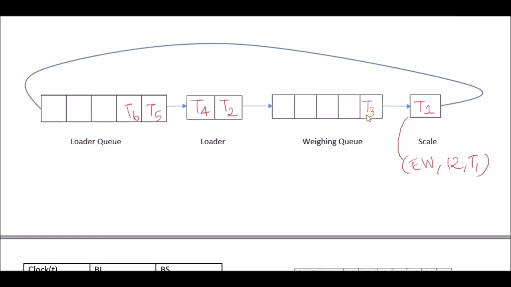We're not going to consider T3 because the time taken from here to here is considered negligible. Hence, this event is not taken into account. So the events that are taken into account are end weighing, that is over here, end loading, and arrival at the loader queue. So T2 is already accounted for in the previous step.